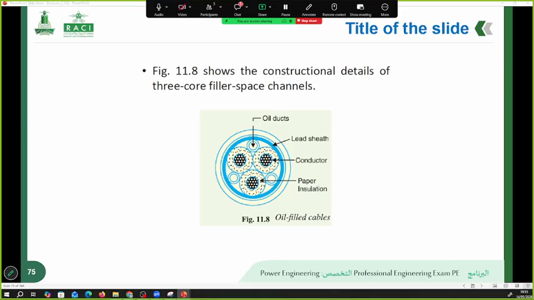This design allows the pressurized oil to circulate through these filler space channels, compressing the paper insulation and filling any voids that may form, which is crucial for preventing insulation breakdown at high voltages.